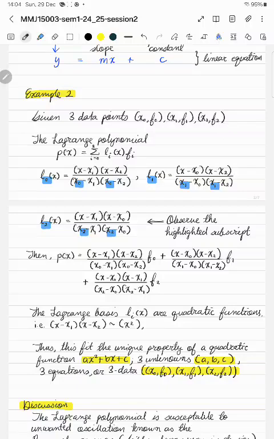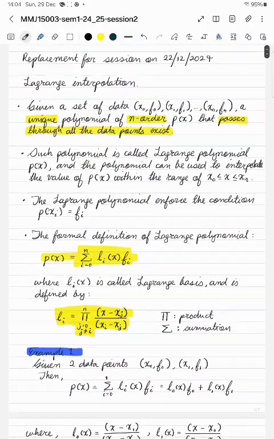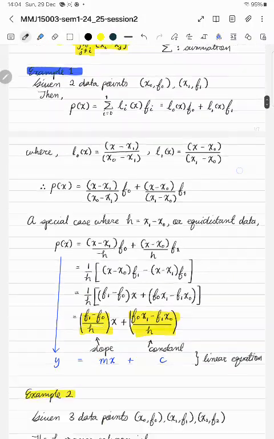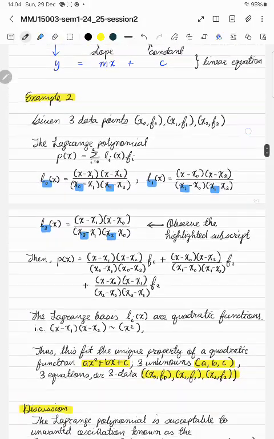So that is the meaning of a unique polynomial, that unique polynomial that passes through all the data points. So that's the meaning of that explanation.